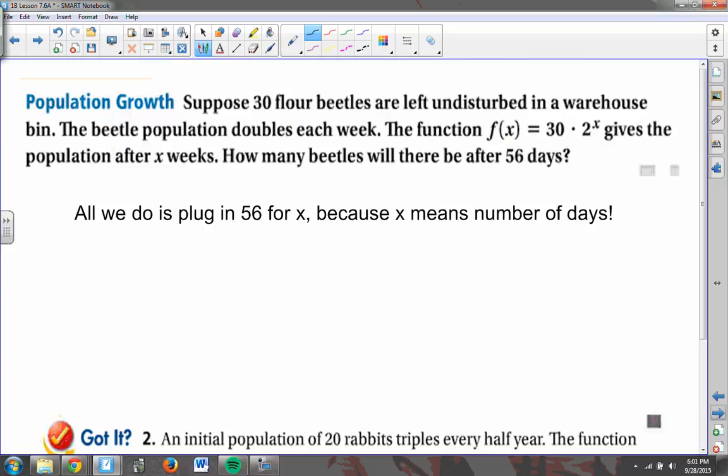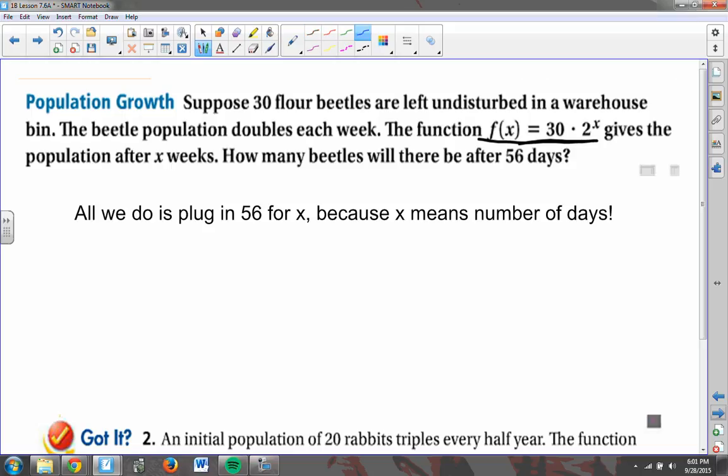The only other thing that we need to do for this practice problem set is to be able to evaluate exponential functions for a certain x value. All right? Now, I've actually screwed this problem up a little bit, which I apologize for. But let's read through it, and then we will look at how we evaluate this function for a certain number x.